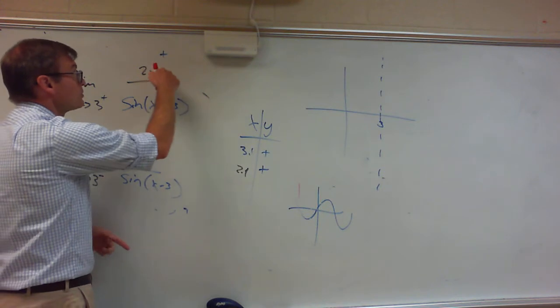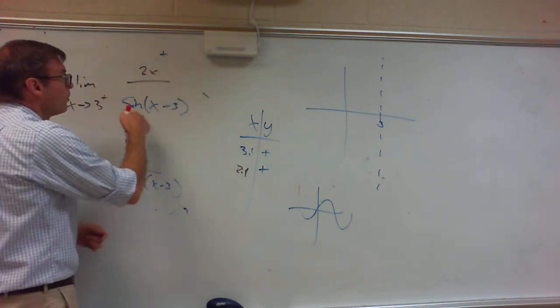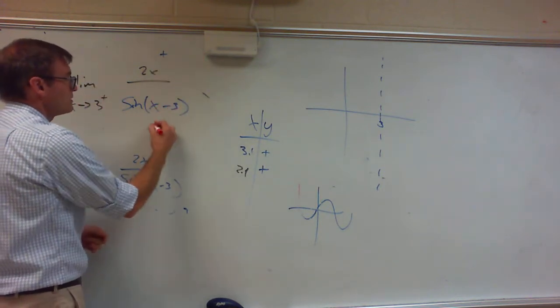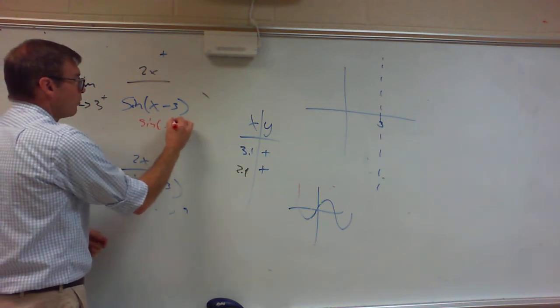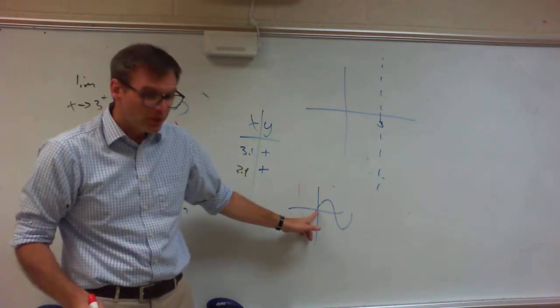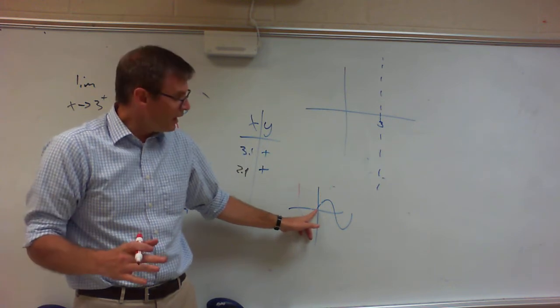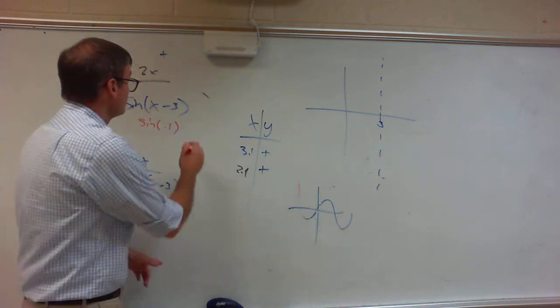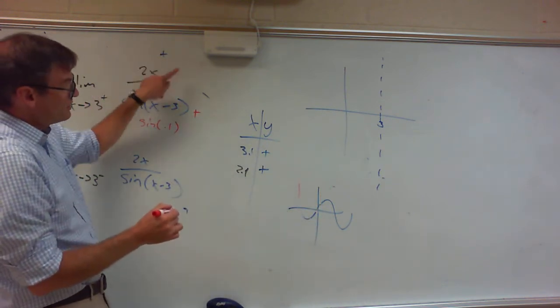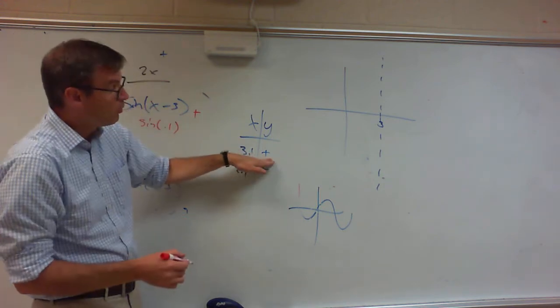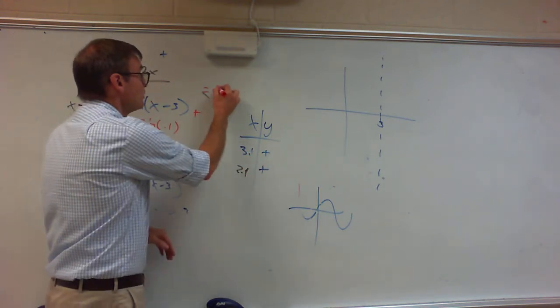Well, 3.1 times 2, that's positive, so I'm okay with that. When I plug 3.1 into this, that means what's sine of 0.1? Well, if we go back to this picture, sine of a little bit positive is a positive number. So the top's positive, the bottom's positive. At 3.1, it's positive, so this is going to go to positive infinity.